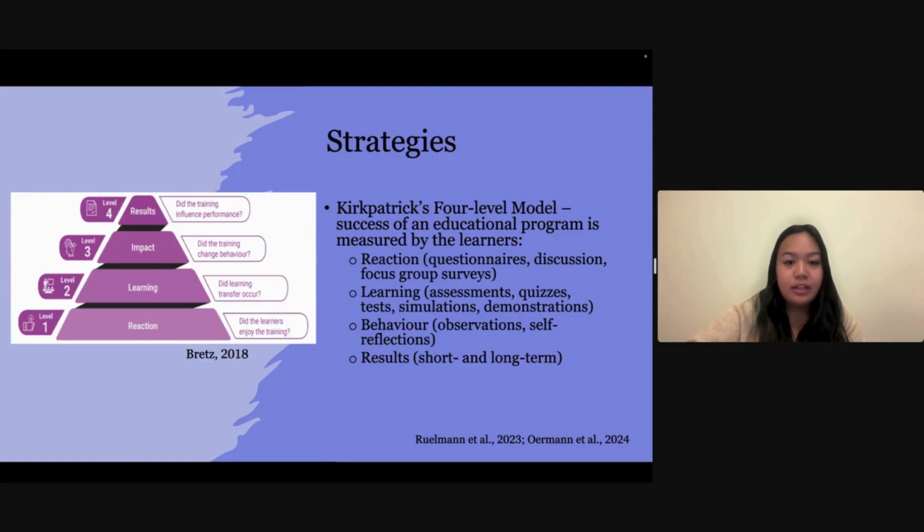Level 3 is known as behavior, which assesses the application and transfer of learning, ideally seen through observations or self-reflections. And lastly, level 4 analyzes the results of the evaluation and is based on short-term and long-term goals. By systematically assessing learners, educators and trainers are better able to determine the effectiveness of the teaching as well as the delivery modality.